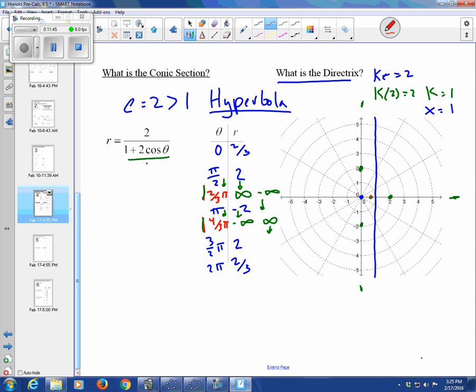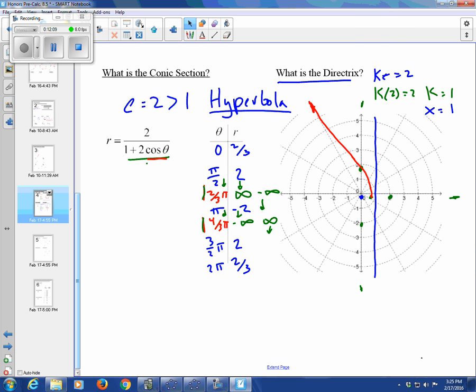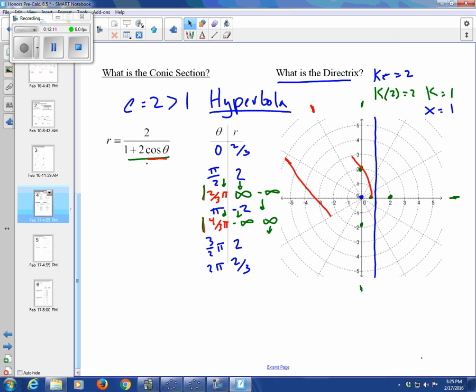As we rotate, those cosine values become smaller and smaller positive numbers. Right here is our rotation of 2/3 pi. Those denominators getting smaller and smaller give us larger and larger r values, and we get a graph of our hyperbola that looks like this. I'm going to draw this again so that we can see it a little more clearly.